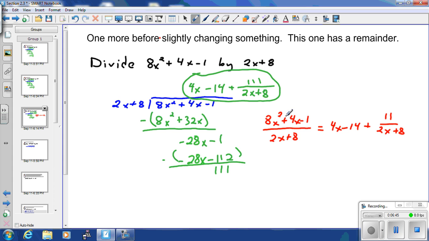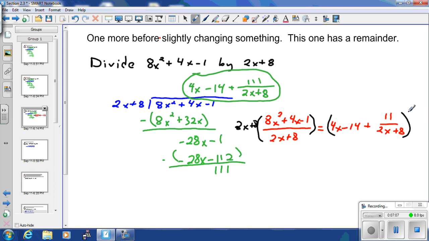Well, if I rearrange this, we're going to take both sides of this equation and multiply both sides times the 2x plus 8.